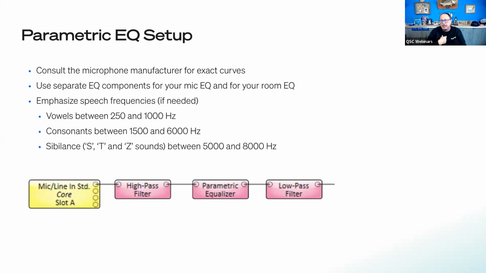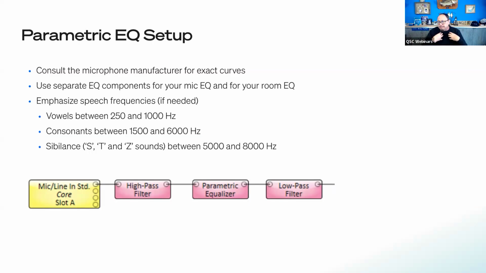Emphasize your speech frequencies if you need to. A lot of people don't understand that the human voice goes from roughly 200 to about 8 to 10K. You can get down into 100. I haven't done a lot of Barry White conference rooms, so I don't think that's going to be a big problem. Typically, your vowels fall between 250 and 1,000 hertz. If you're losing that piece of it, you would want to accentuate or de-accentuate it.